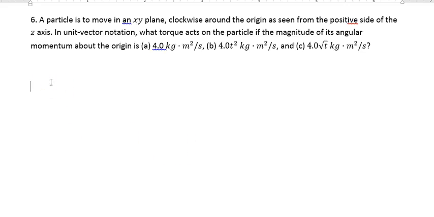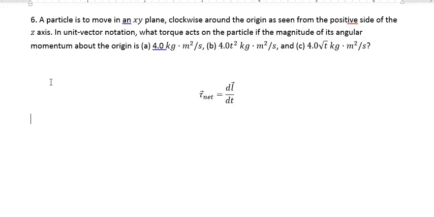All right. Well, key to this is the simple equation that the net torque is dL/dt, right, the time derivative of angular momentum.